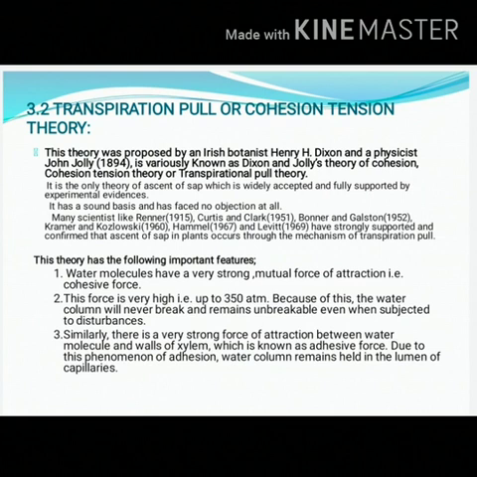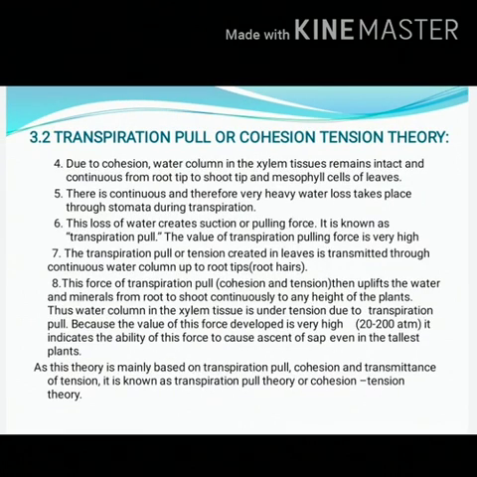The value of transpirational pull force is very high, and the transpirational pull or tension created in the leaf is transmitted through a continuous column of water up to the root tips. This force of transpiration pull then uplifts the water and minerals from soil to shoot continuously to any height of the plants.